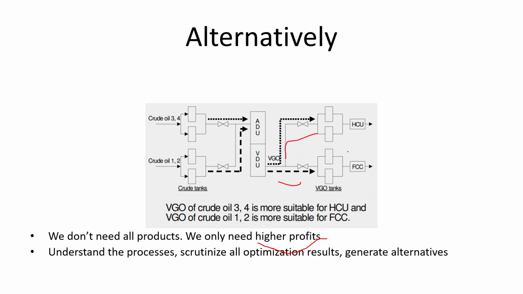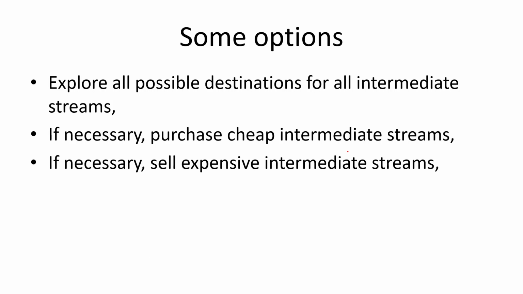But the bottom line is that it's not necessary for you to fulfill that 10% increase. Your goal is to maximize the profitability. So instead of increasing the feed by 10%, you could also say, well, explore all possible destinations. This is basically saying that you have to make your own mass balance.